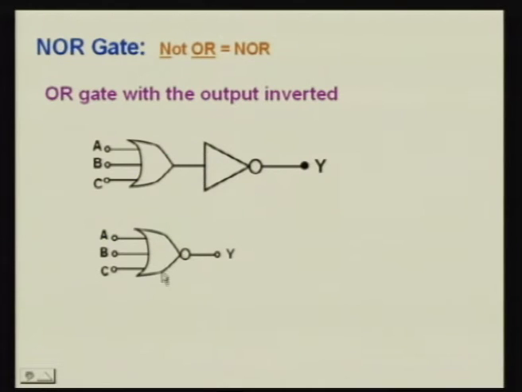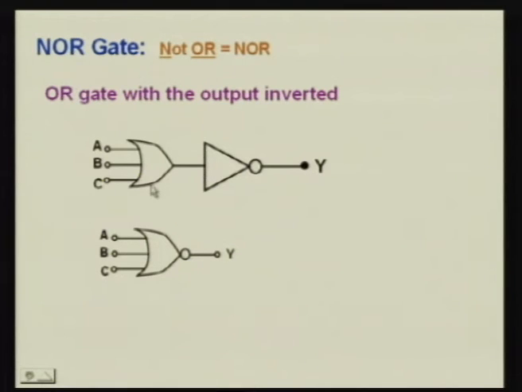So we have an OR gate, and the output of the OR gate goes through this bubbled structure, so the output will be inverted. If we put this bubbled structure, this circle, after C at the input, it means that C will be inverted at the input of the OR gate.